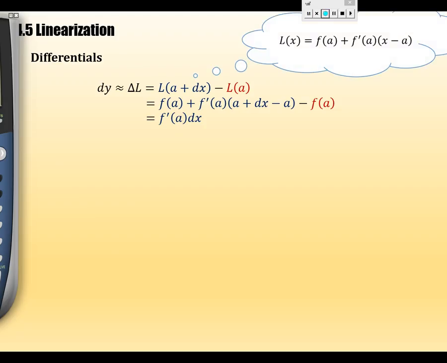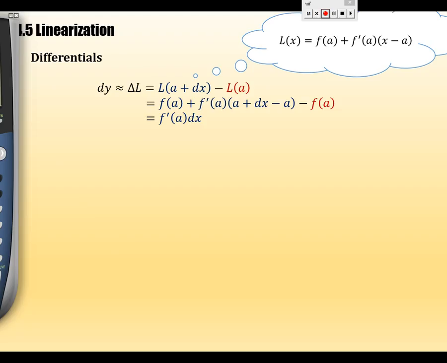And then again, keeping in mind what we mean by L of a plus dx: if you plug this into this function, don't you get this in blue? I'm just replacing blue with blue. All I did is replace the x in this equation by a plus dx.